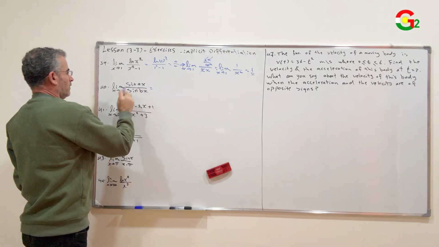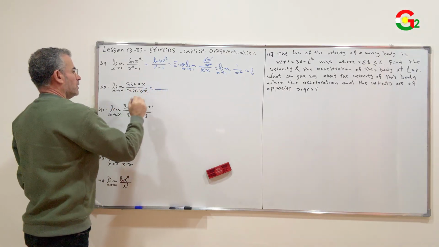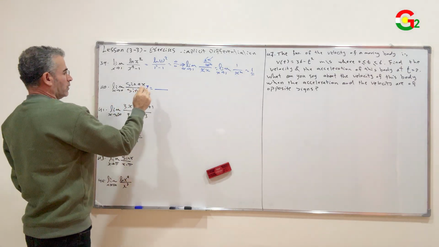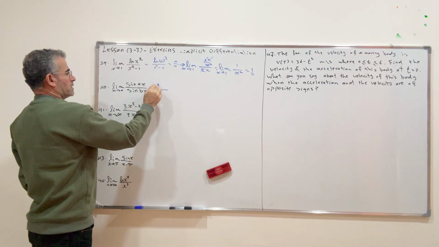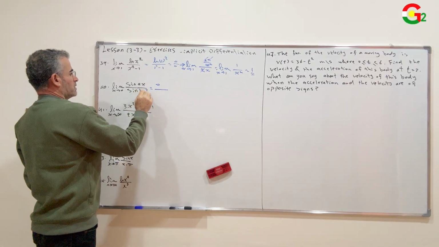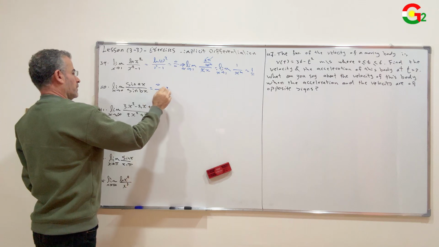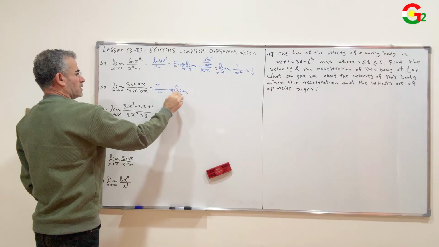Substitute every x with 0, so we can know if we can use L'Hopital rule or not. Sine a times 0, sine 0, 0 over sine b times 0, 0, sine 0, 0. Therefore, we can use L'Hopital rule. Limit x approach 0.